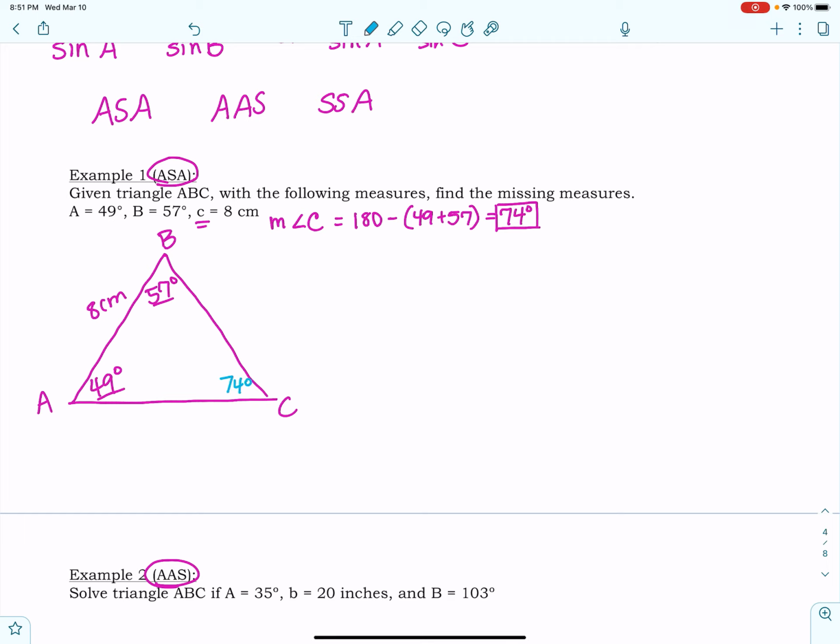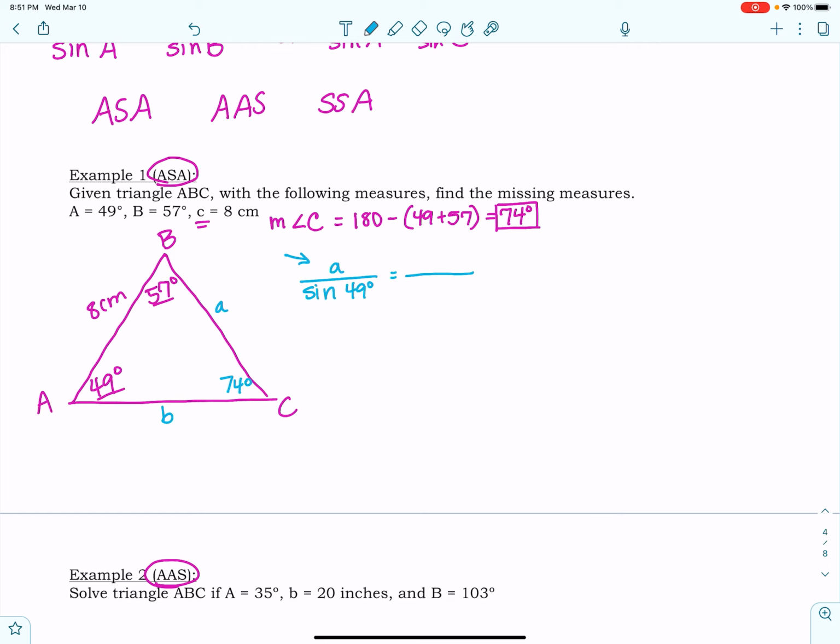So now I'm going to work to find side a and side b. I am going to set up a proportion with my law of sines. I'm going to set up side a is to sine of angle 49. Now I have to choose a side and angle relationship that I already have, because my variable is already in my equation. I can't have two variables.